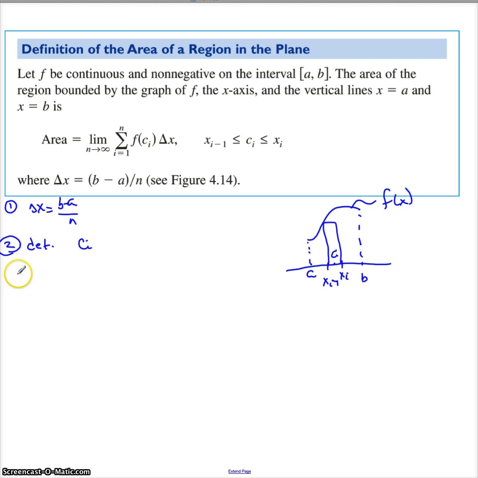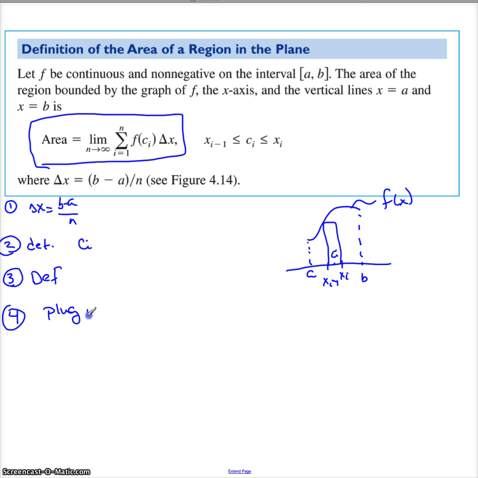The third thing I need you to do is to write down the definition right here. This is the definition exactly as is. And I'm going to give you an example here in a minute. The fourth thing you need to write down is you need to plug in f of c sub i and delta x.